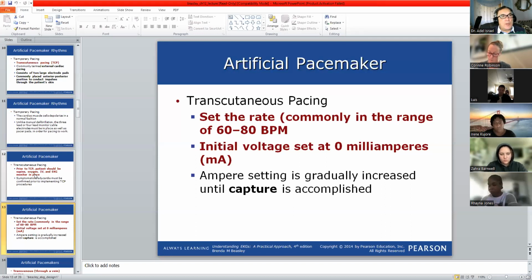It is like when we use speakers: we don't keep the speakers at high volume. We make it very, very minimal, then we start bit by bit till we get a reasonable sound. Here, we increase the electricity bit by bit till I get a response. And the name of the response is called capture.